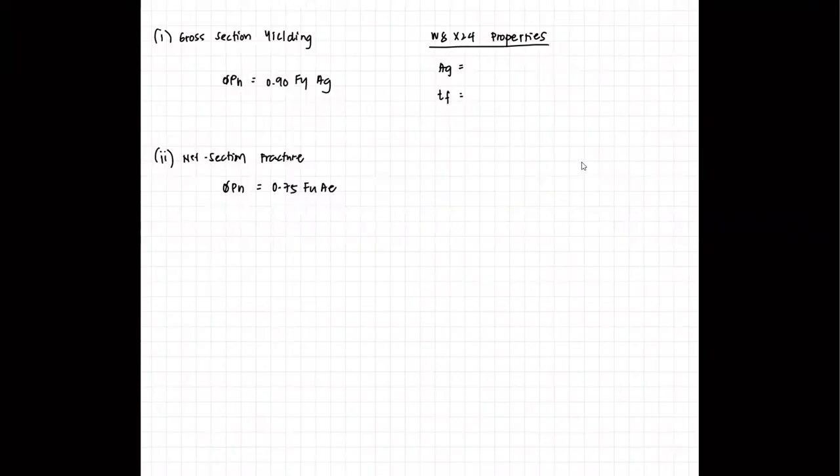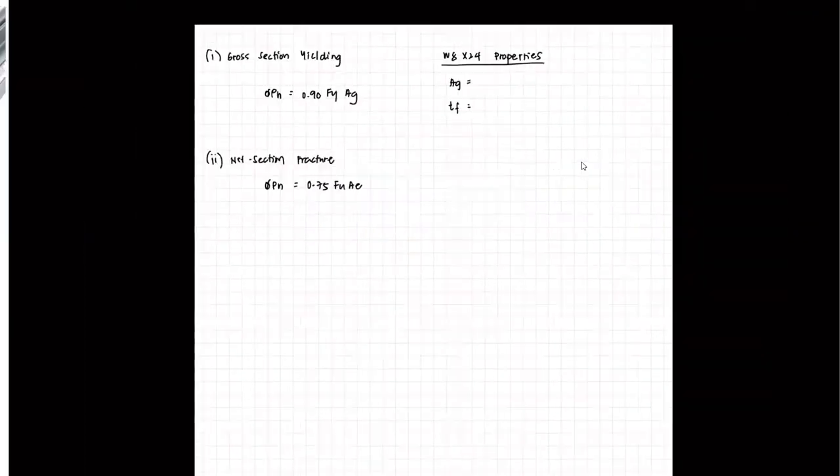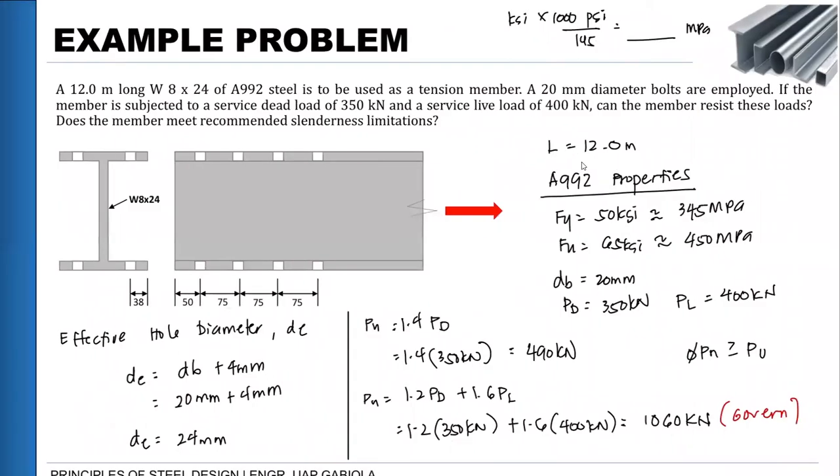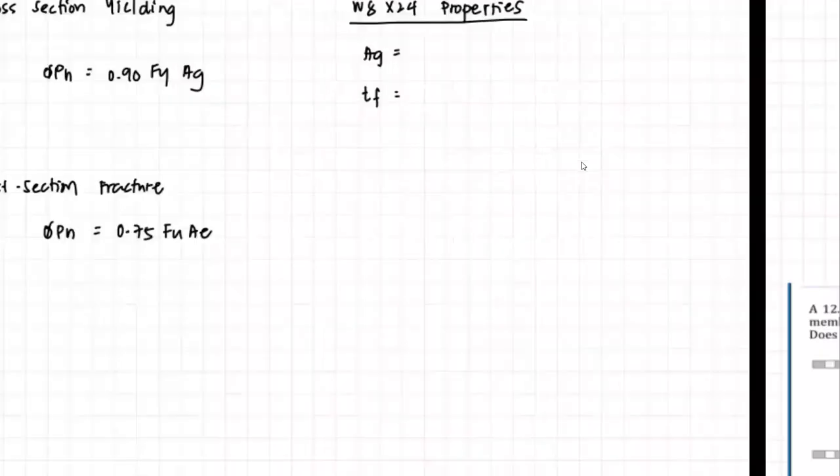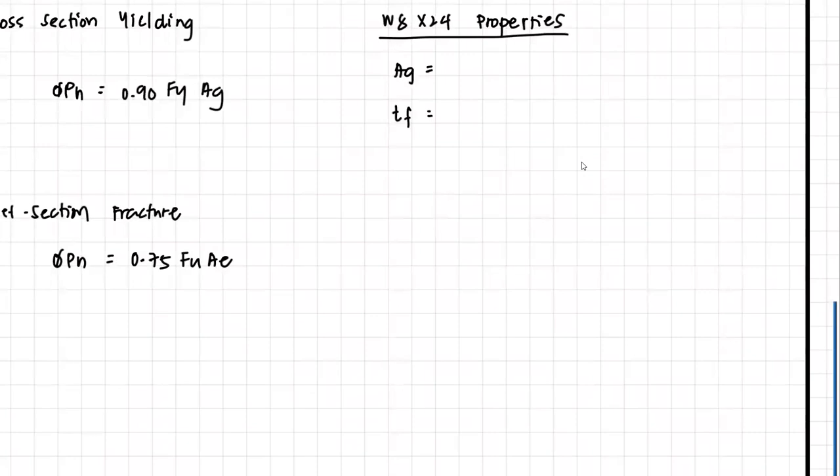Next, since in the question it is also stated that we need to meet the recommended slenderness limitation, and according to our discussion, slenderness limit can be satisfied using the formula L over r less than or equal to 300. So we need the value of the radius of gyration of the section. So we have to indicate also ry and rx, or rx and ry, then use whichever is minimum.